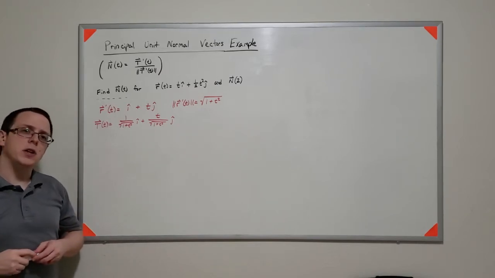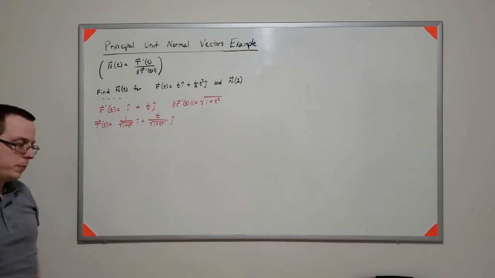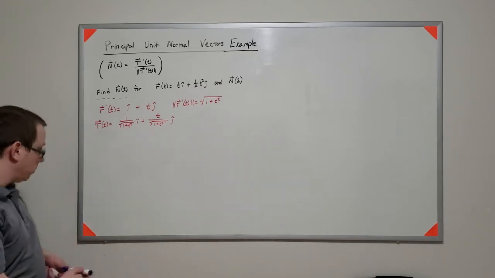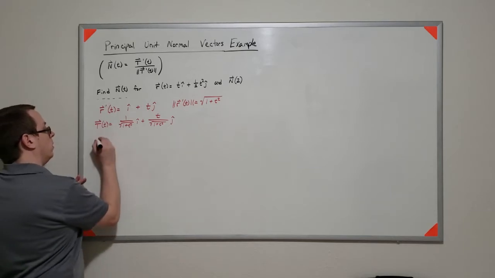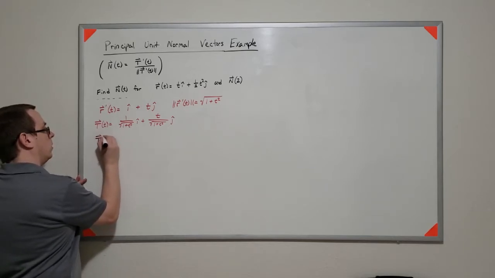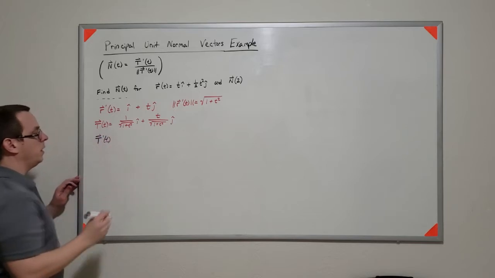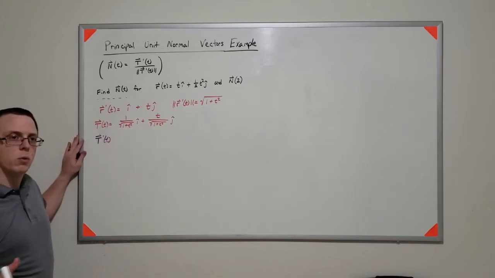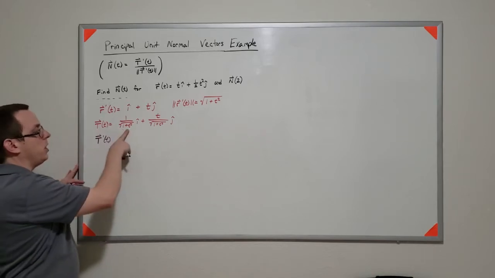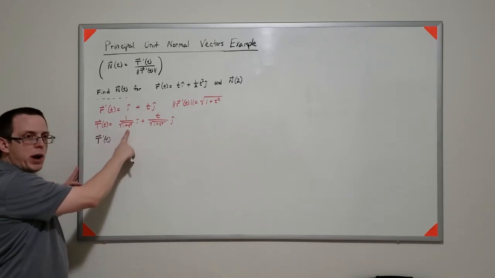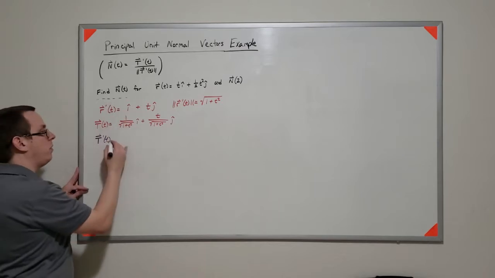So the next thing we need to do is get T'. So T'(t). Now, there's a couple of different ways to do this. You could think of this as (1 plus t squared) to the negative 1/2.